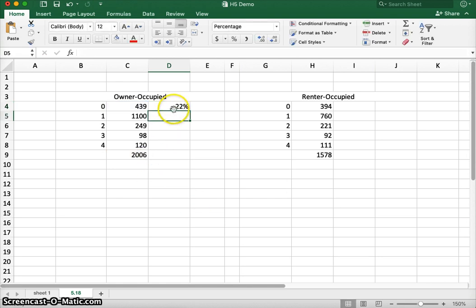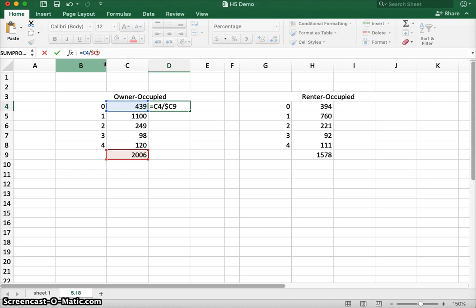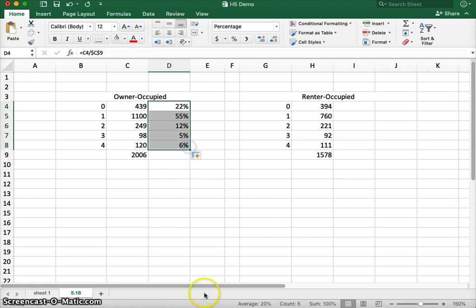I want that total to remain constant, so I'm going to use my dollar signs, and then copy it down. The probability of never having your water shut off is 22%. The probability of having water shut off one time is 55%. The probability of having it shut off 4 or more times is 6%, etc. Now we'll do the same thing for renter-occupied.